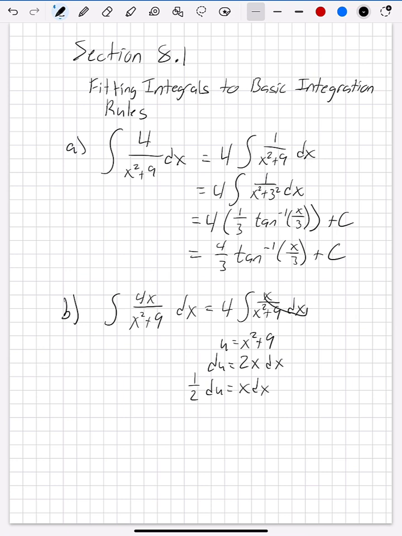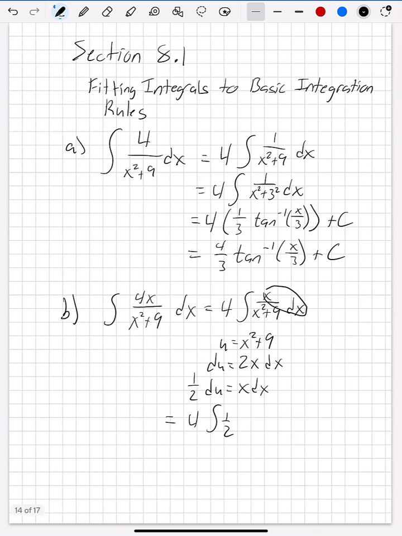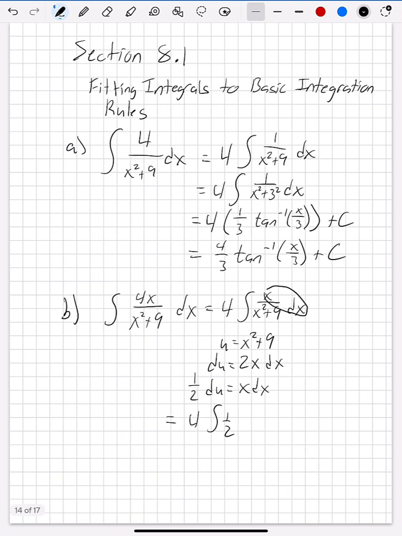So I can replace my x dx. And so my integral is now 4 times the integral of 1/2. Let me rewrite that so it's a little bit cleaner. I'm going to pull the 1/2 out front just for simplicity, so instead of 4, it would become 2.